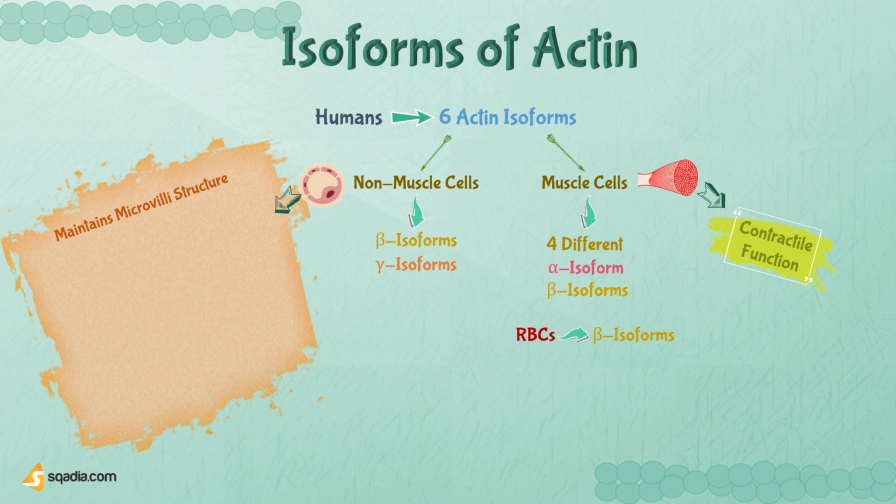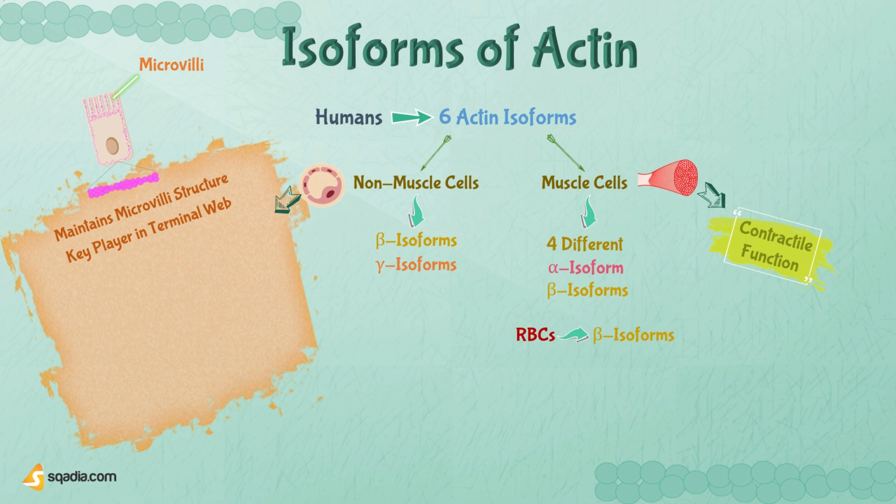Yes. These are the tiny finger-like projections on the cell surface. It's also a key player in the terminal web, which is in fact a specialized region of the cell cortex, which is located beneath microvilli and desmosomes, ensuring the cell cortex stays in tip-top shape.